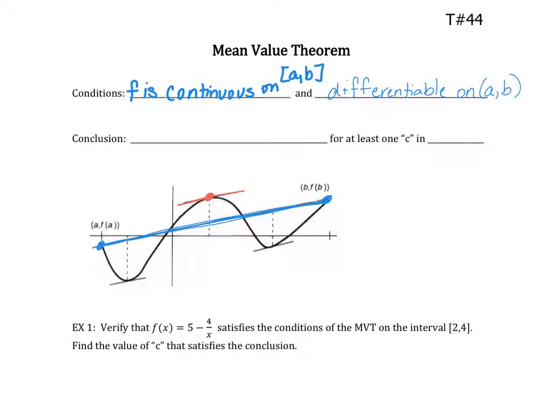Now, obviously in this picture, I actually have three different places, but the theorem says that there must be at least one. So let's see how to write that mathematically.